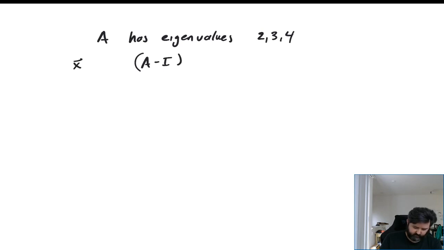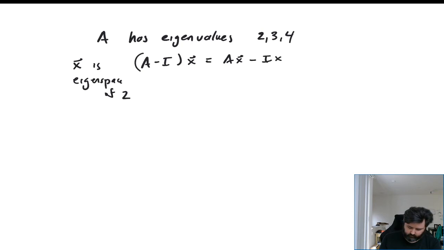Let's say x is in the eigenspace of 2. And let's say we do A minus I times x. Then we get Ax minus Ix like that. And that has to be 2x minus x.